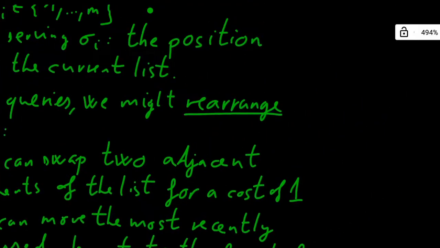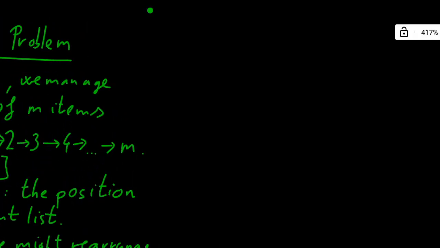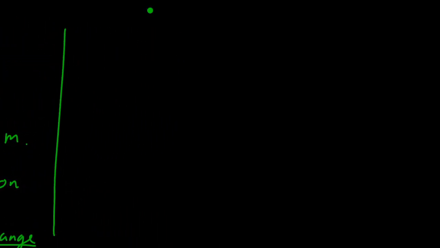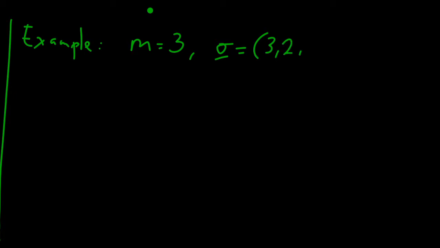Now let's see an example, just to have a better grasp on the problem. For example, if m is 3 and the input sequence is, let's say, 3 2 3 2, then this means that initially I have the linked list 1 2 3, and there is of course an option of never rearranging the list.